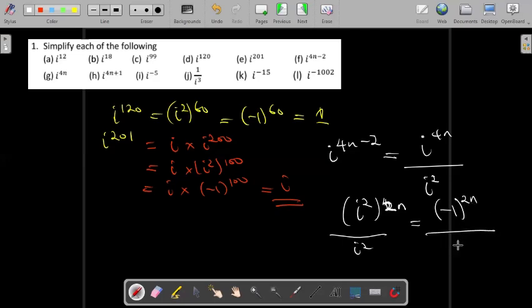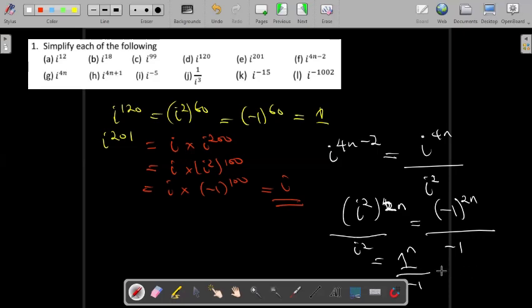Then you get negative 1 there as well. So you notice that when you square negative 1, you just get positive 1, then multiplied by the n, you get 1 to the power n. Then there you get negative 1 like that.